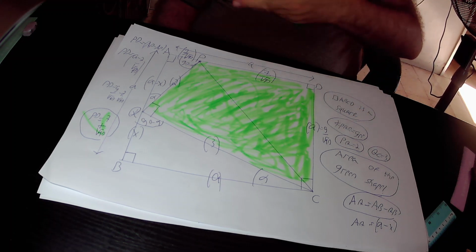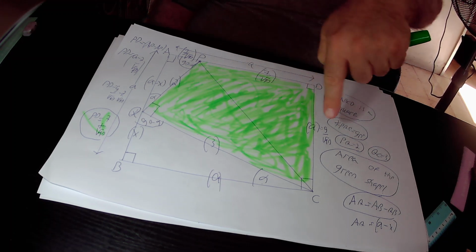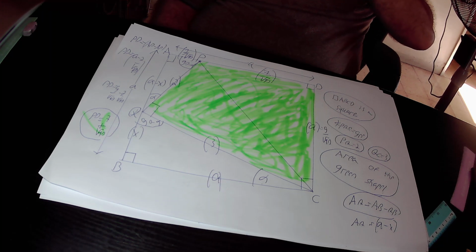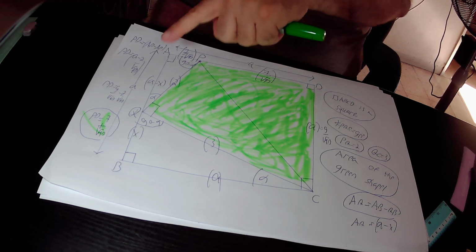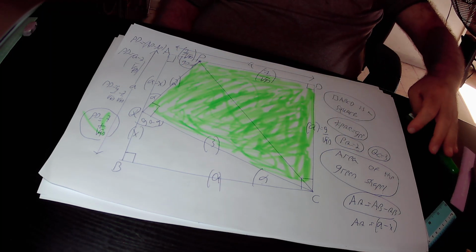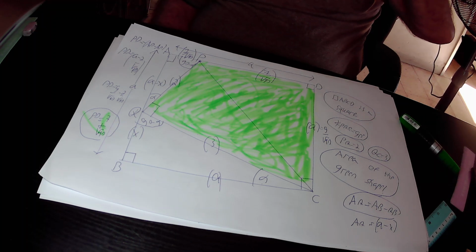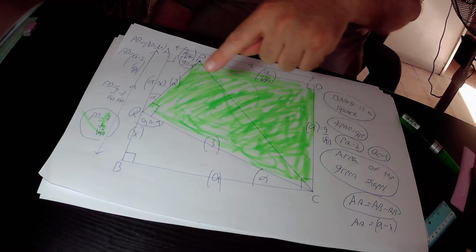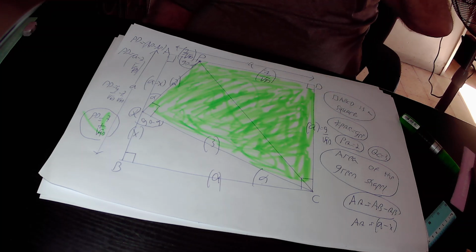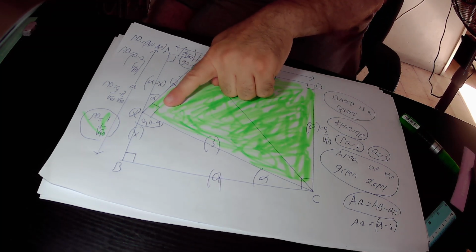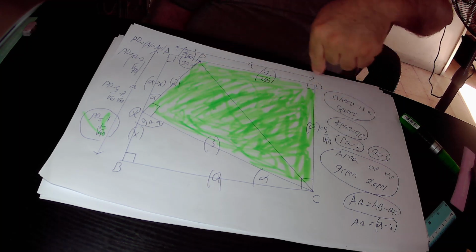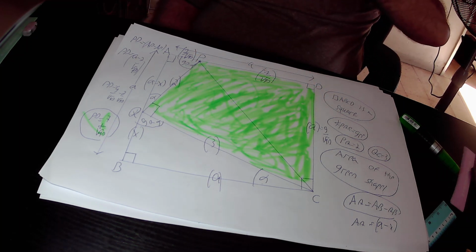Our mission in the first question is to find out the area of this green shape. So in the drawing we have square ABCD. We know that PQ equals 2, QC equals 3, and this is angle PQC, that is a right angle. Again, our mission is to find out the area of this green shape.